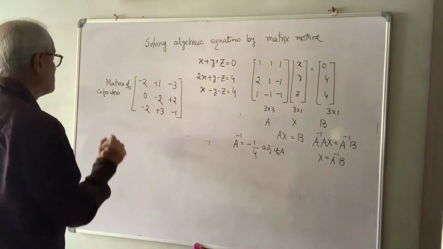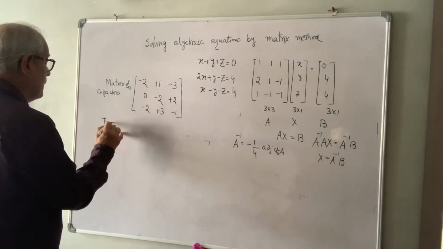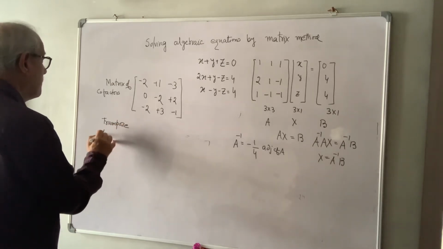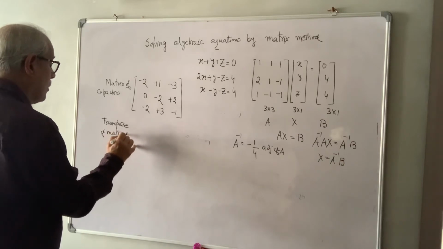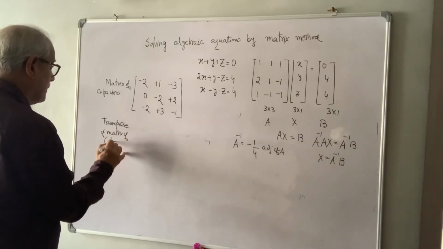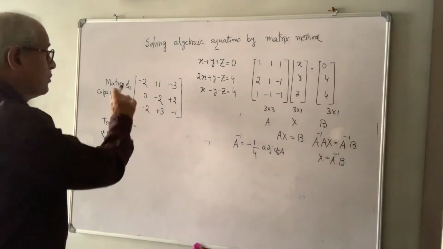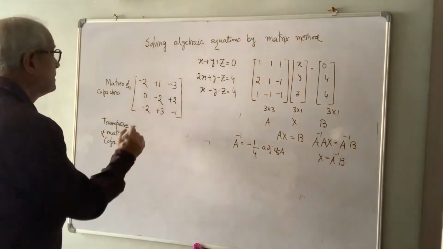Now we have to transpose the matrix of cofactors. Transposition means rows are to be changed into columns and vice versa.